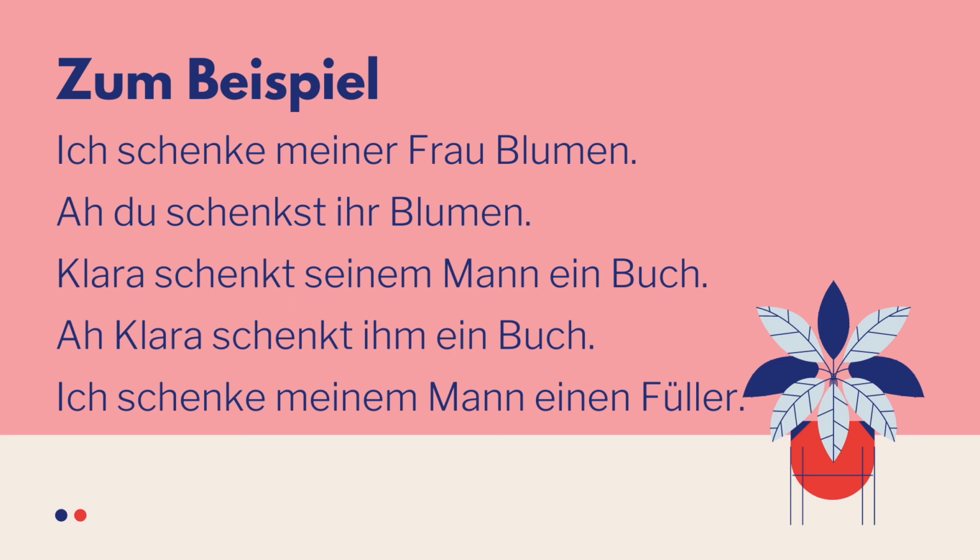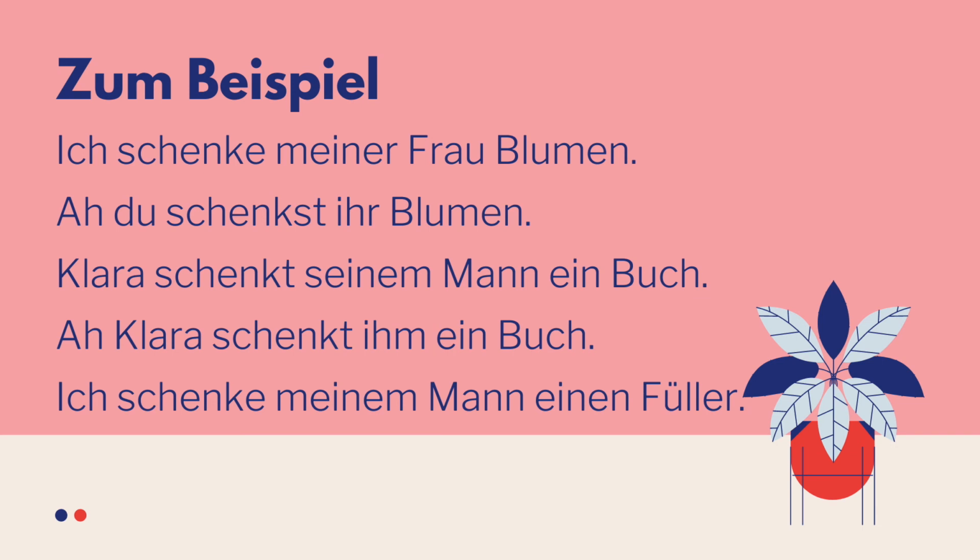So ihr here is dative. Blumen is accusative. Clara schenkt seinem Mann ein Buch. It means Clara gives a book to his man. So seinem Mann is dative, ein Buch is accusative. Clara schenkt ihm ein Buch.